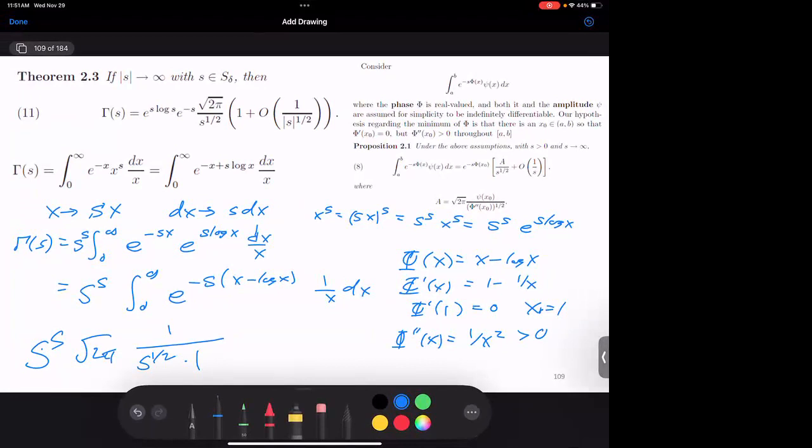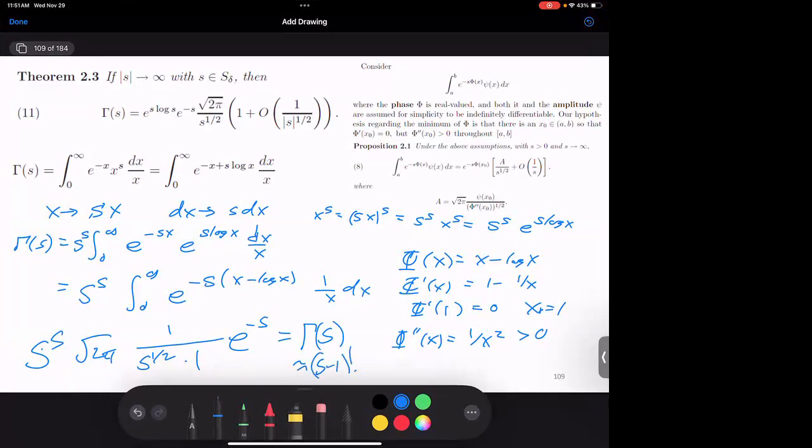And then we have also an e to the negative s phi of 1. And what is phi of 1 going to be? Just 1. And look, s to the s, e to the negative s, square root of 2 pi, s to the 1/2. And that's basically gamma of s, which is like s minus 1 factorial.